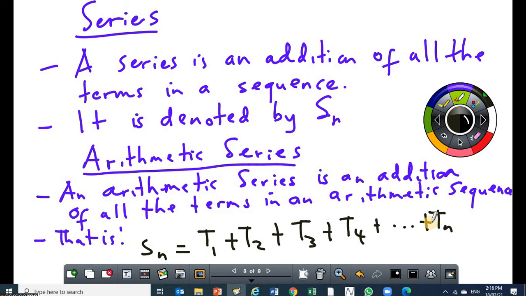You following? Okay, now if we introduce a and d, this equation is going to change. Therefore, we can rewrite that series, which is arithmetic, as Sn equals, remember the first term T1 is equal to a.